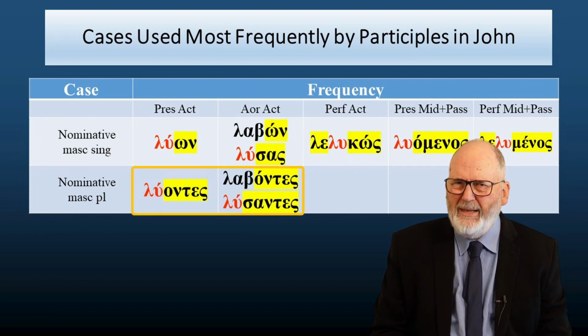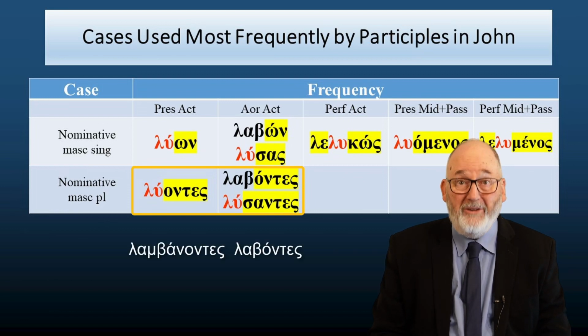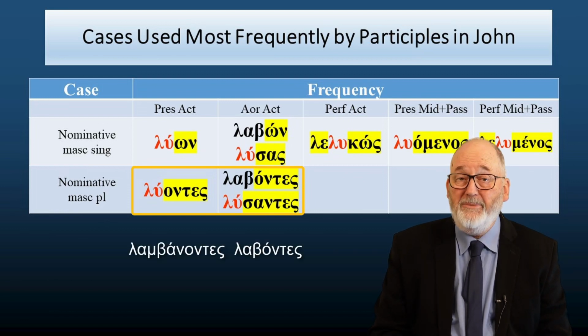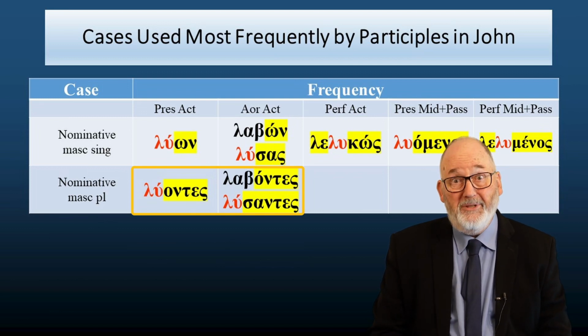Used slightly less often, but probably worth knowing, are the nominative plurals of the present and aorist participle actives. The endings are ontes, and again the strong aorist uses the same endings, so lūontes for the present tense. For lambanō, that would be lambanontes for the present tense, and labontes for the aorist tense. And then we have lūsantes for the weak aorist nominative plurals.